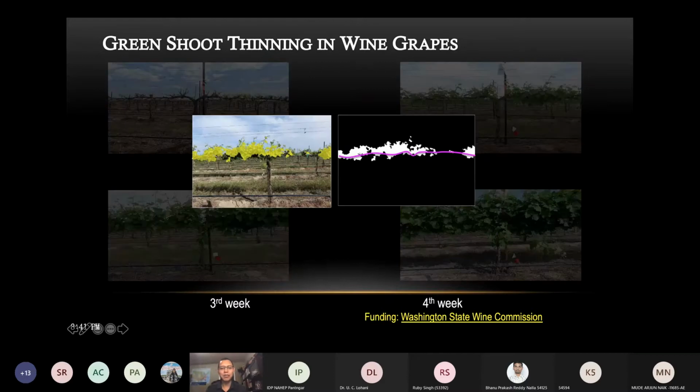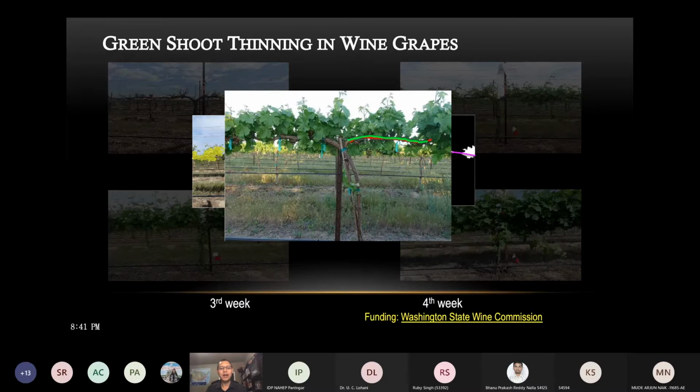Here is an example outcome of the machine vision system. And it finds out where the trunks are, even under these canopies, under the situation when the green shoot blocks the view to these horizontal cordons.